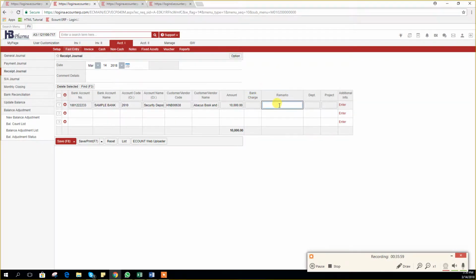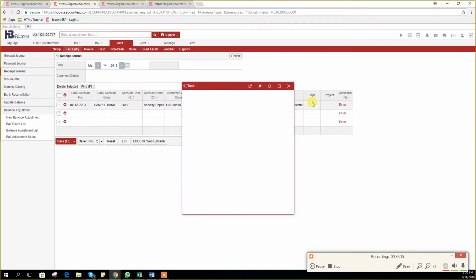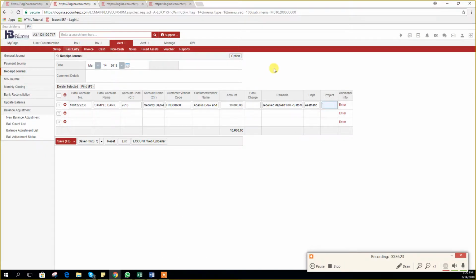So remarks: receive deposit from customer. Alright, and then you must tell the system which department this transaction belongs to. If not, it does not know. So let's just say this one is aesthetics.